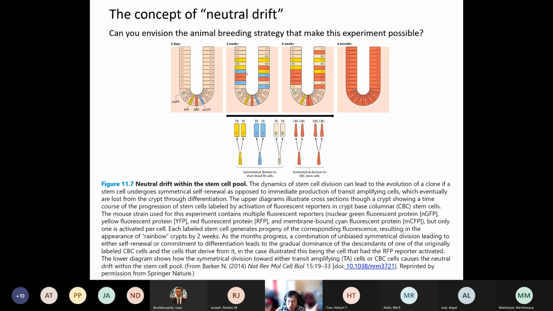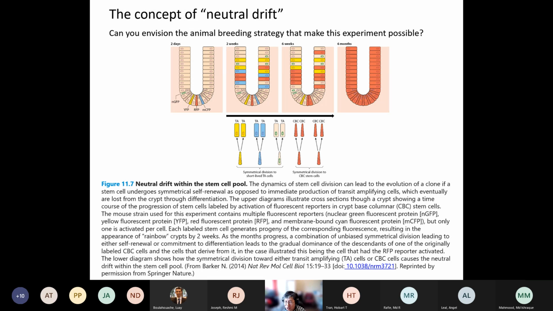That's why you see rainbow color of the epithelium. But later on, at 6 weeks, you start to observe that one of the colors starts to dominate, and some others start to disappear. And at 6 months, the entire lining is now red. As I said, this is a random process.